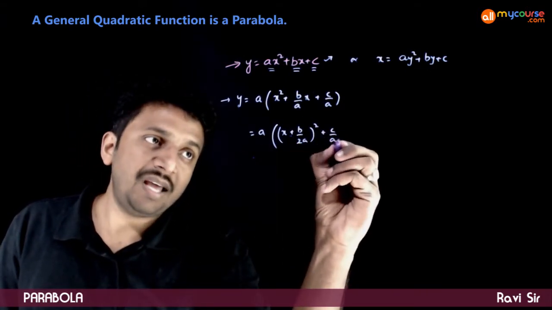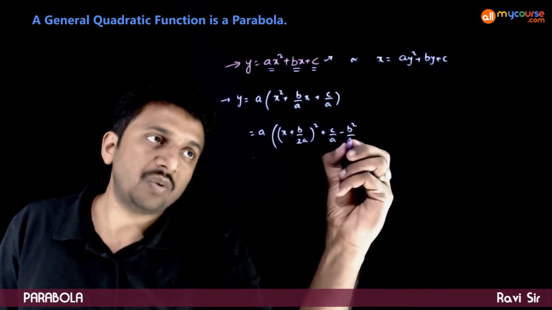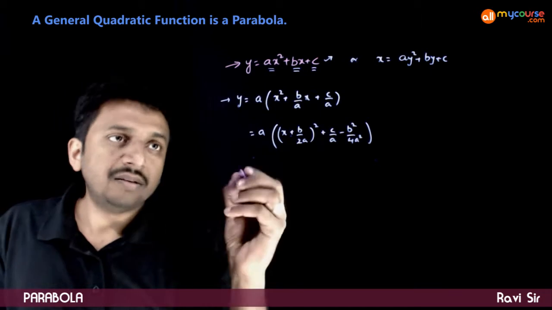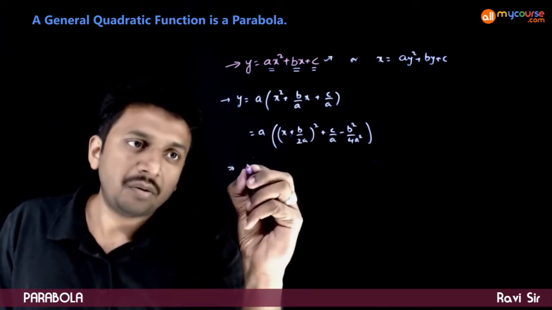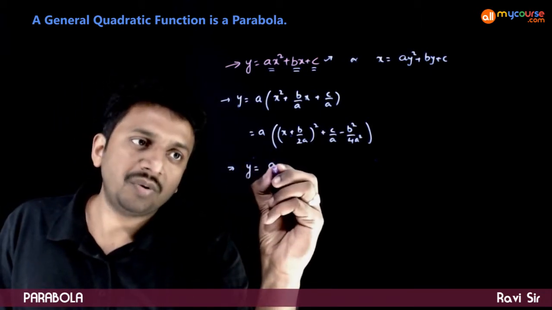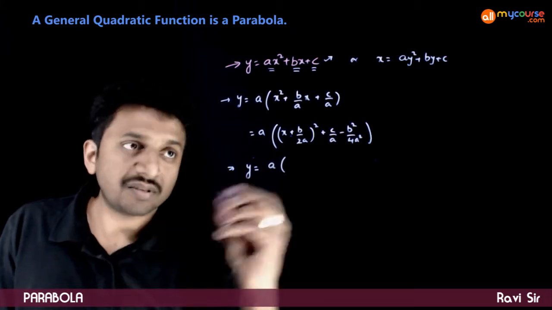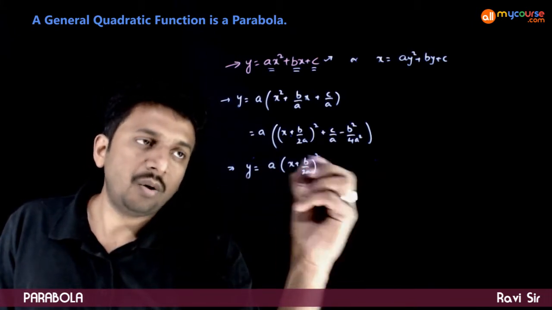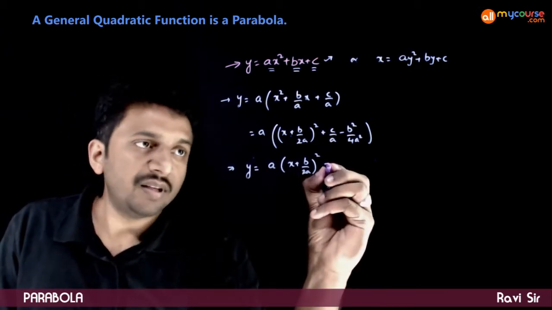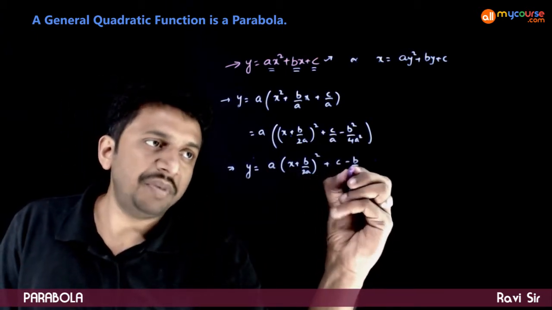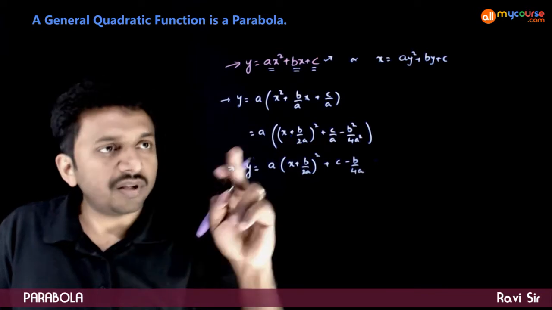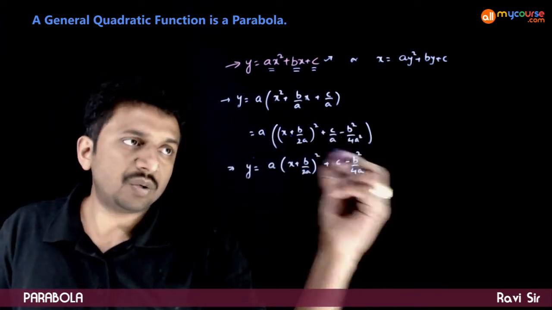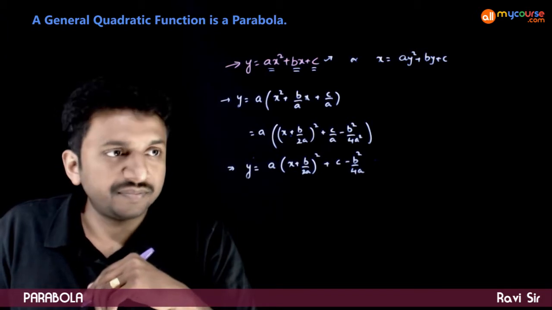So plus c by a minus b square by 4a square. So this implies y is equal to a times x plus b by 2a whole square plus c minus b square by 4a. If you multiply a here, you get plus c minus b square by 4a.